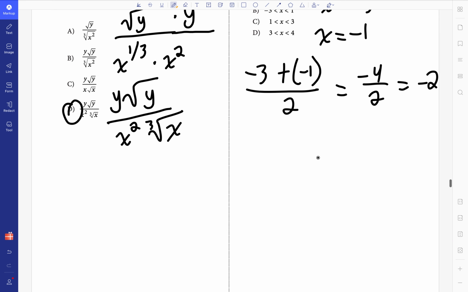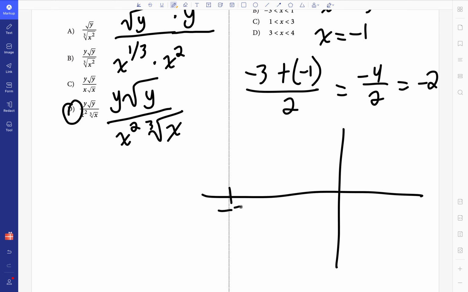Let me help you visualize that. We have -3 here and -1 here. What is this middle value in between them? Well, you'll just tell me it's -2. So the vertex is at x equals -2.